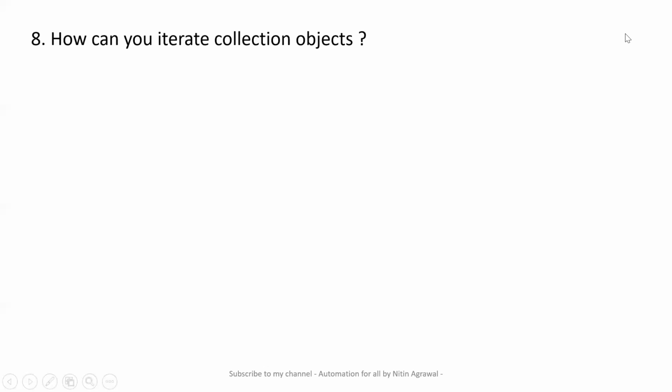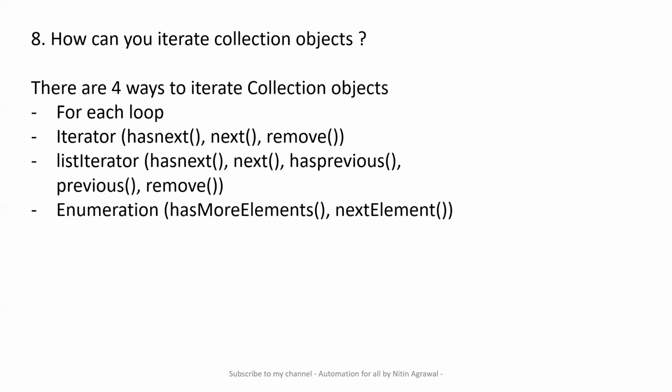Okay, the next question is, how do you iterate the collection objects as in list, set, queue? So basically there are four ways to iterate the collection objects, right? So first is for each loop. Second is iterator. Iterator is having two methods, has next and remove. List iterator is having five methods, has next, has previous, and remove.